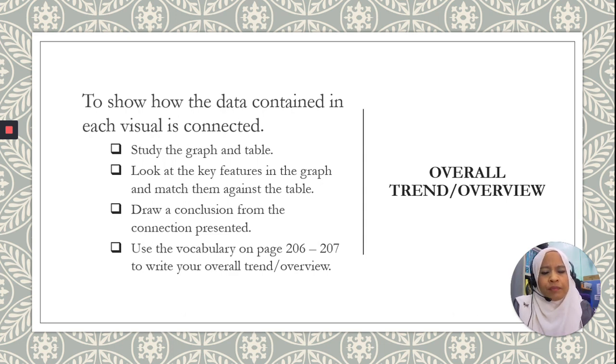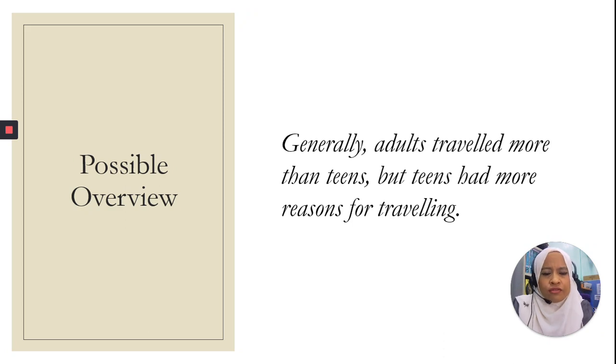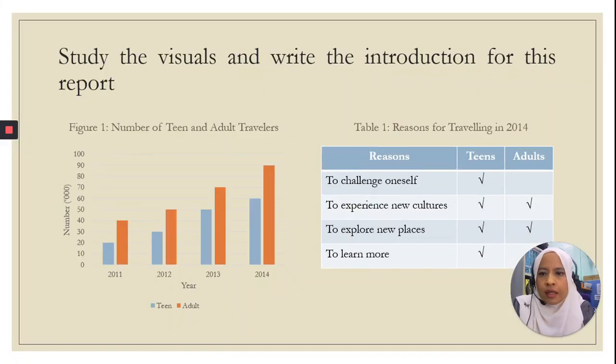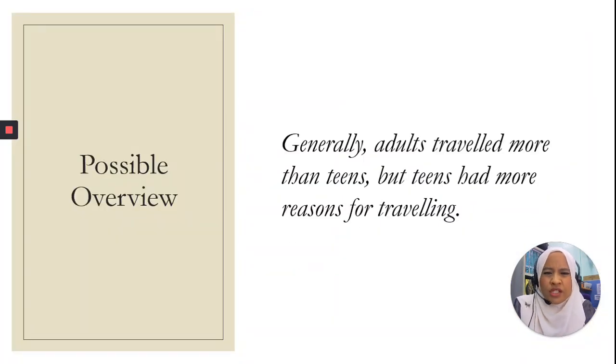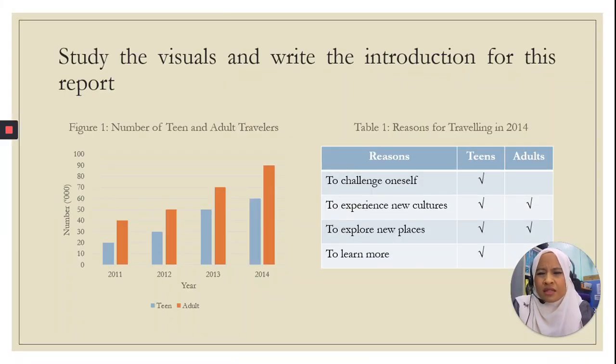From the given visuals here, the overall trend or overview which we can draw from both of these visuals is: generally, adults traveled more than teens, but teens had more reasons for traveling. Now let's see, is it true? Adults traveled more than teens, is that right?